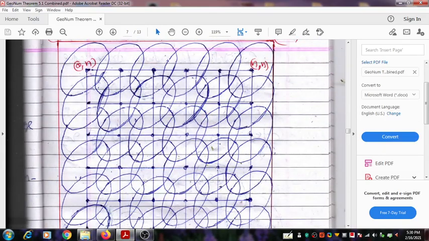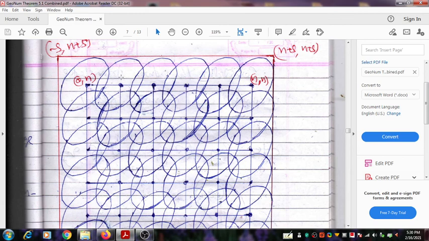You can see that some of these translates leave the inner square, and this is the boundary of the inner square, but some portions of many translates are outside that square.